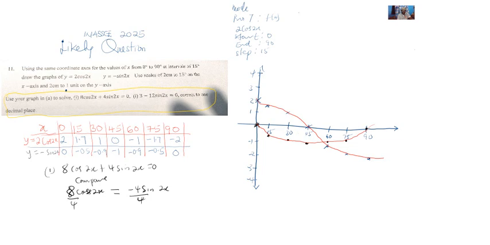When you divide, 8 cos 2x over 4, and then negative 4 sine 2x over 4, you have 2 cos 2x is equal to minus sine 2x. So you see 2 cos 2x is equal to negative 2 sine 2x.